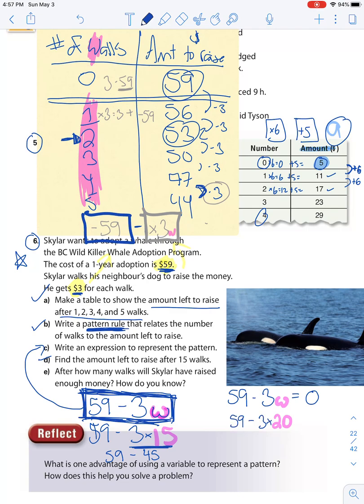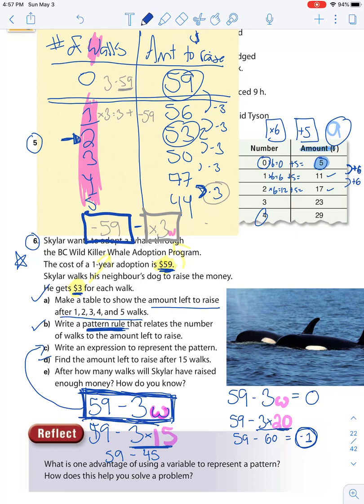So 3 times 20 minus 59. 3 times 20 is 60, and then 59 minus 60 gives us negative $1. So that means I have raised enough. I even have an extra dollar left over.